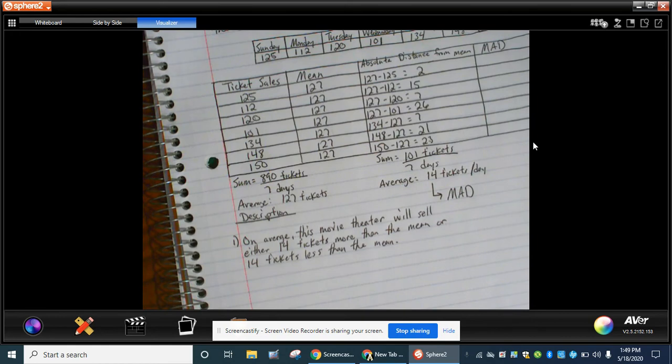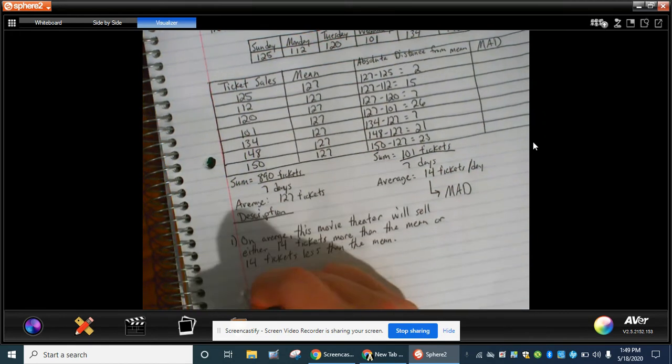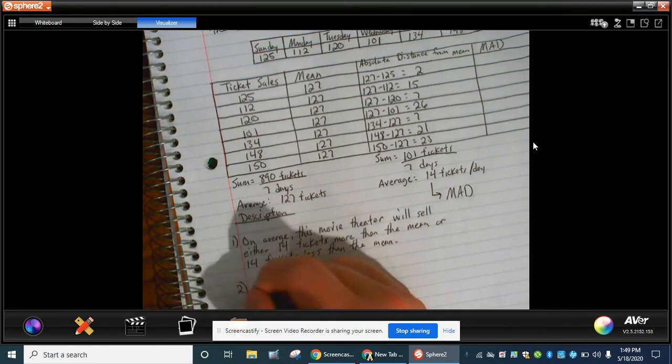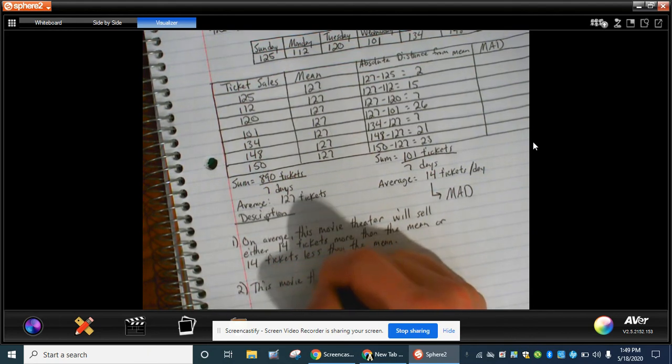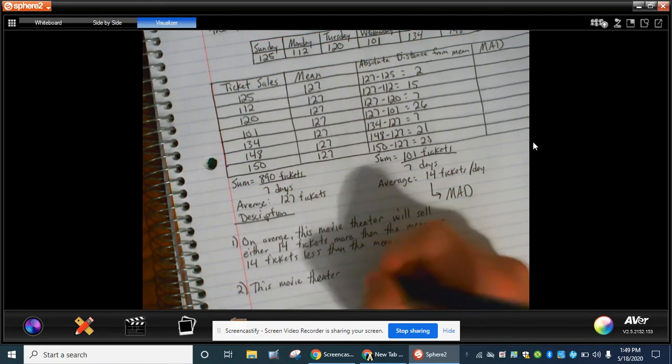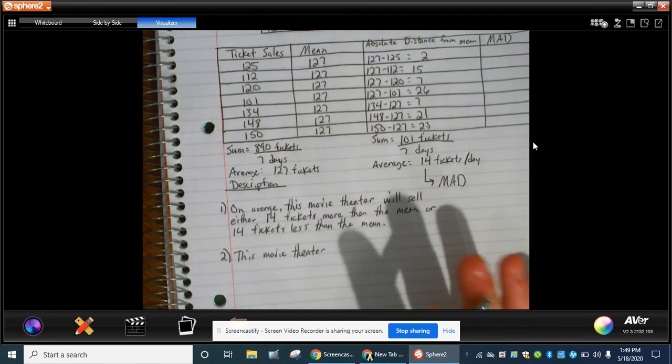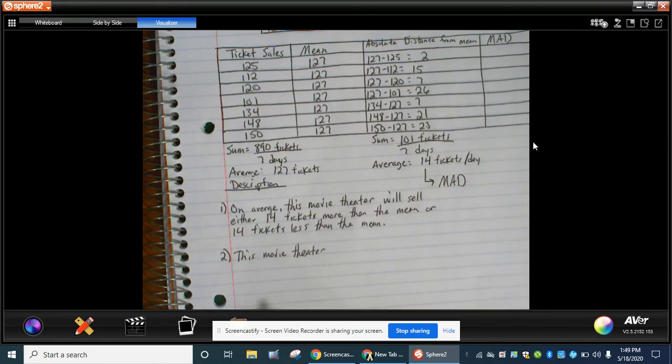Or another way you can describe it: this movie theater, and it's probably a small movie theater. Most movie theaters now will have 6 showings, and they probably all have 150 seats in those showings. So I'm talking about a very small theater here.